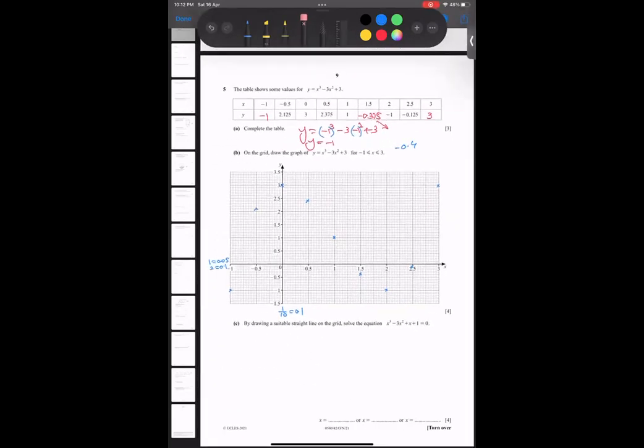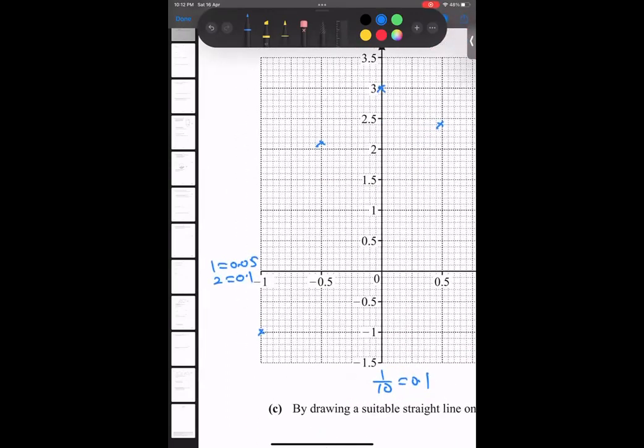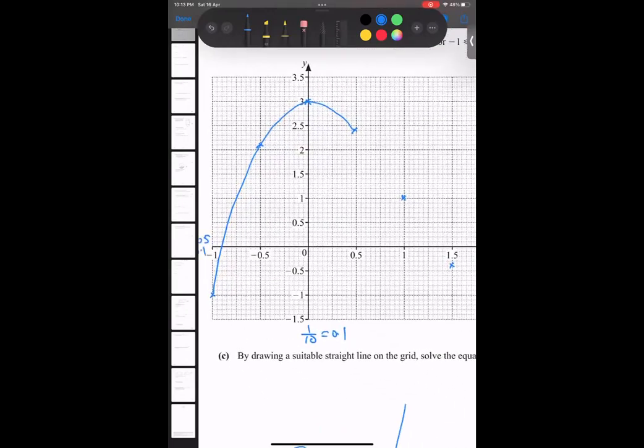Now I'm going to sketch it. Make sure this is like a cubic equation, like it goes like this, smooth. Okay, so I'm going to join it. You see, so don't join directly.